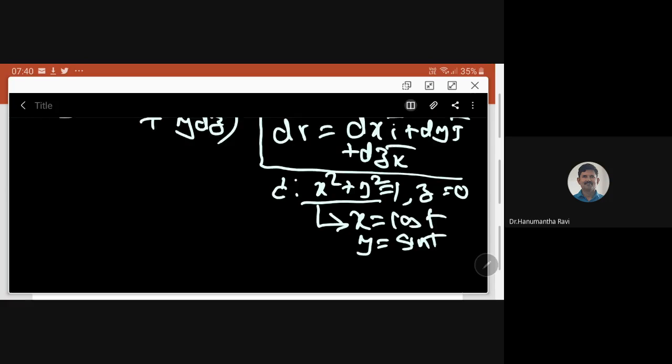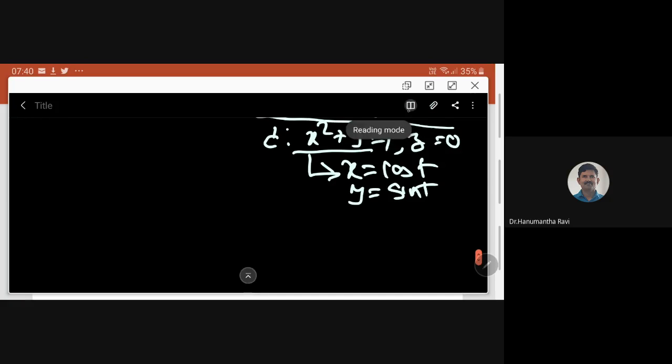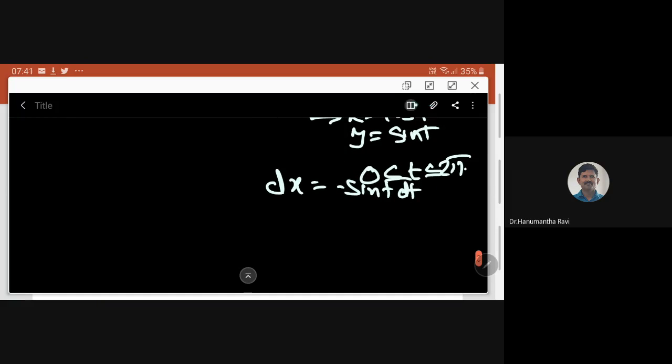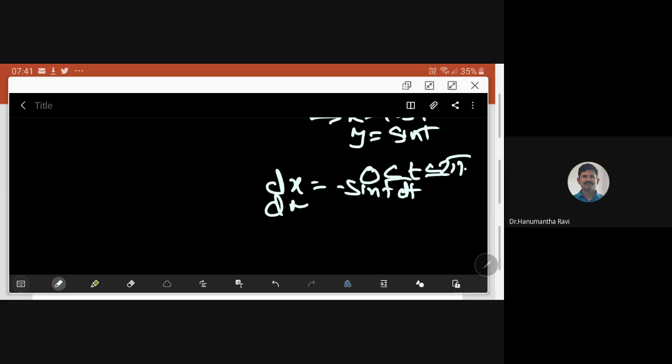Then what is our t? We are moving along C in the counterclockwise direction, so 0 to 2 pi. So what is dx here? dx is minus sin t dt. What is dy here? dy is cos t dt. That's all.